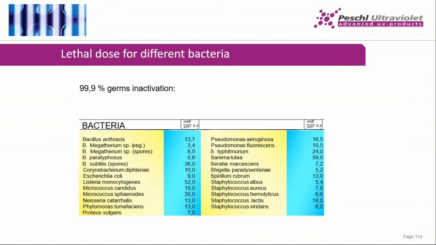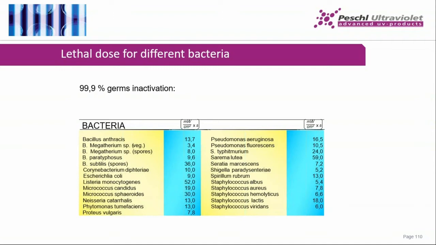This is a table where you can see different microorganisms with the different lethal dosage you need, in milliwatt per centimeter square multiplied by second. That is the dosage. You have the power of the lamp and you have the time, and the result is the dosage.